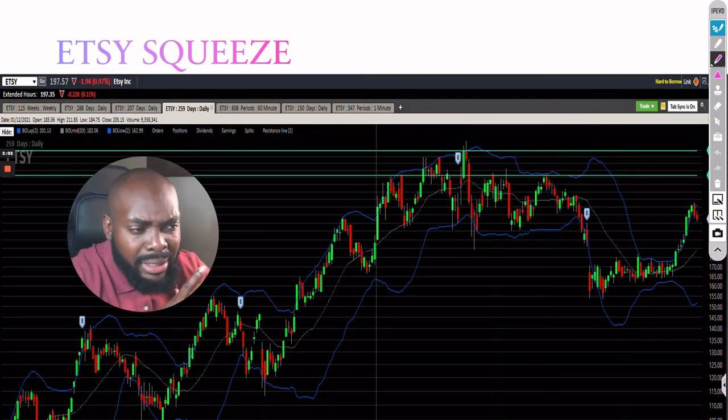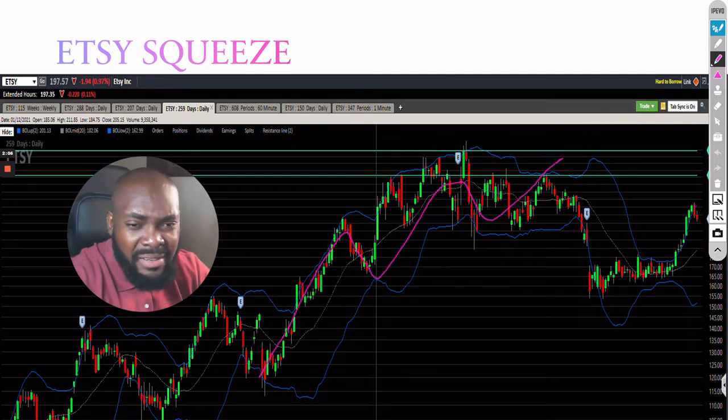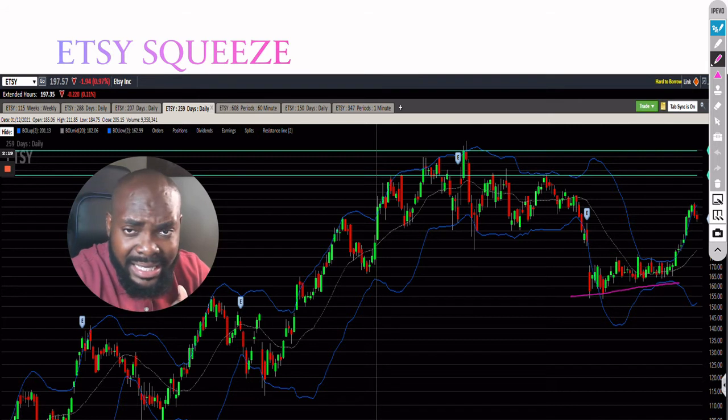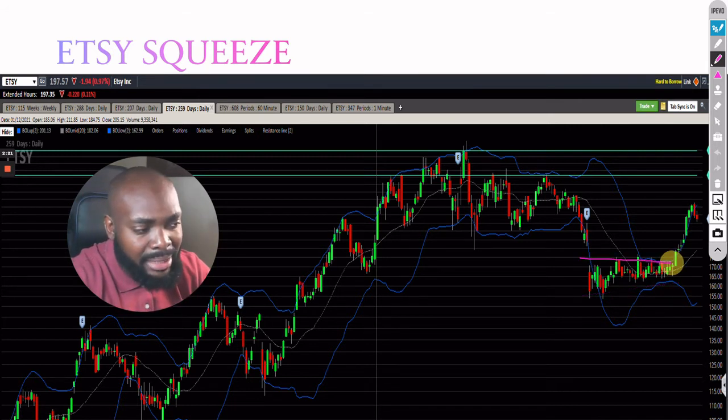When we look at the ETSY chart, the stock was moving up, very volatile. Then after earnings, right around this period here, the stock gapped down. After the gap down, the stock just started to move sideways, and typically when that happens, the stock is starting to build a base.